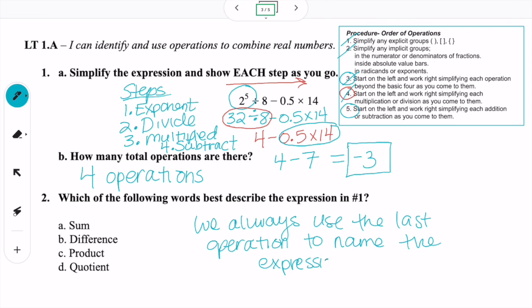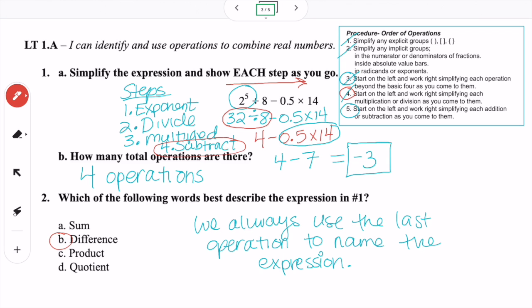If you haven't written that down in your notes yet, here's the 3rd time you see it, and it's a great time to write it down. So the very last step was to subtract. Right here, since we're subtracting, we call the expression a difference. So the entire thing is a difference.